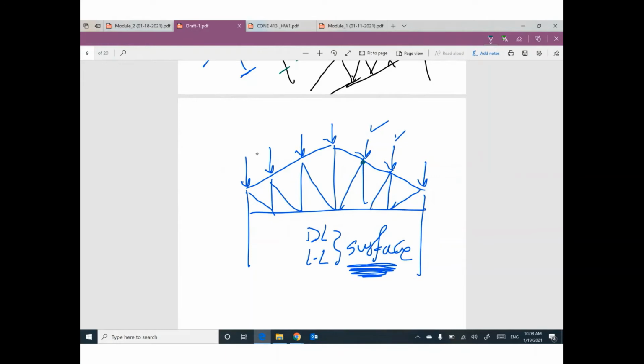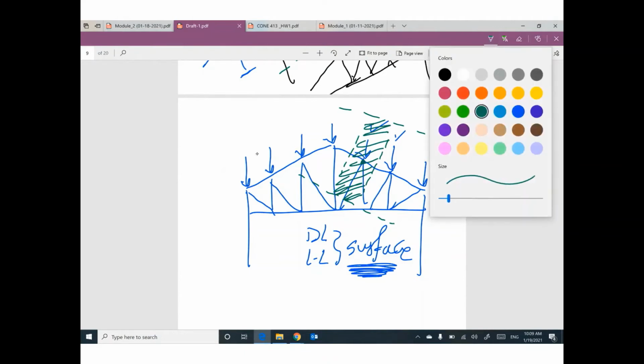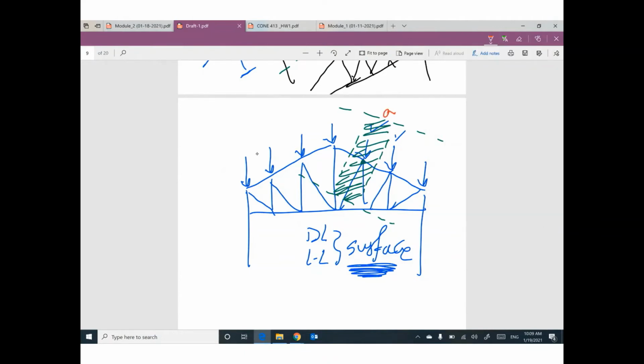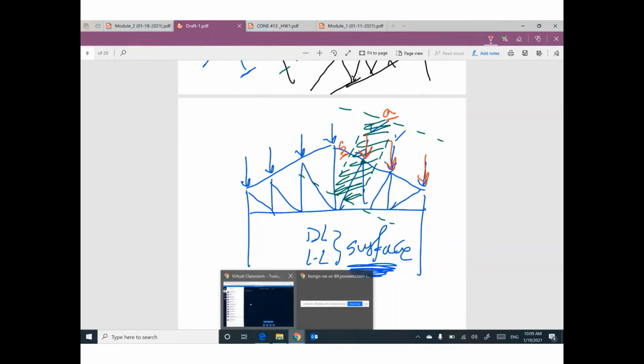This joint is serving between this line and this line, and between the main system and the other main system. So this area is assigned to this joint. What is the dimension of this area? It is A times S. If you multiply this area by the value of the weight, you can get a concentrated load representing your dead load. Any question?